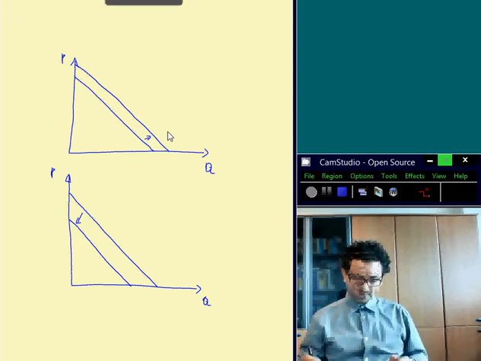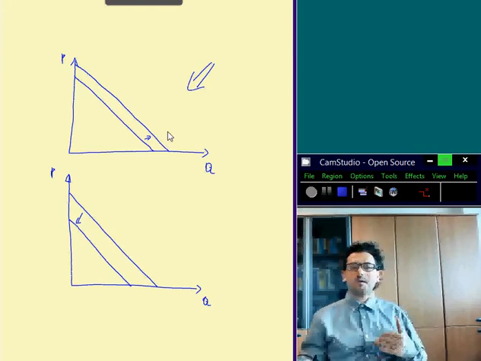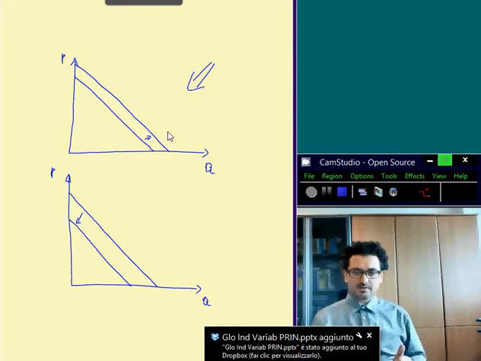Examples are the increase in the average level of income and an increase in the price of substitutes of the considered good.